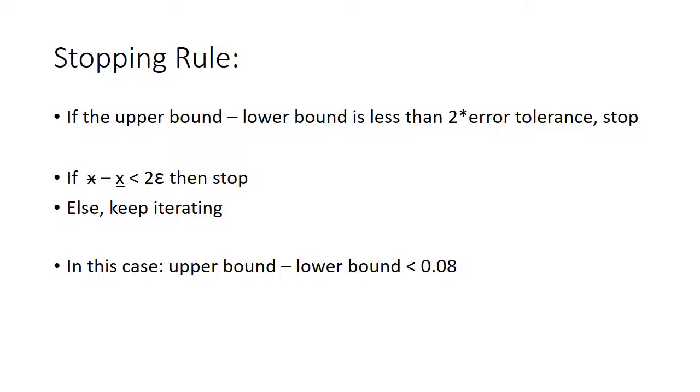In this case, if the upper bound minus the lower bound is less than 0.08, stop. We got 0.08 by multiplying our error tolerance of 0.04 by 2. Every iteration, we take the new upper or lower bound, subtract the bounds, and if the result is less than 0.08, we stop and we have found an accurate answer.